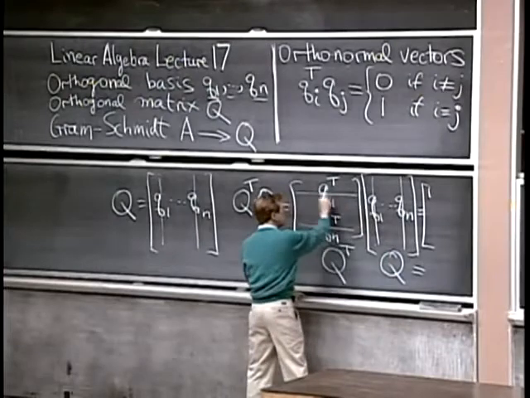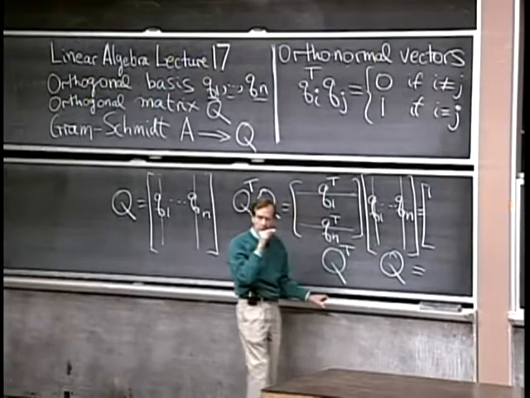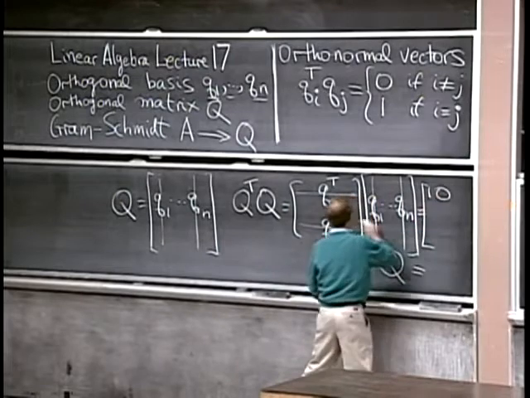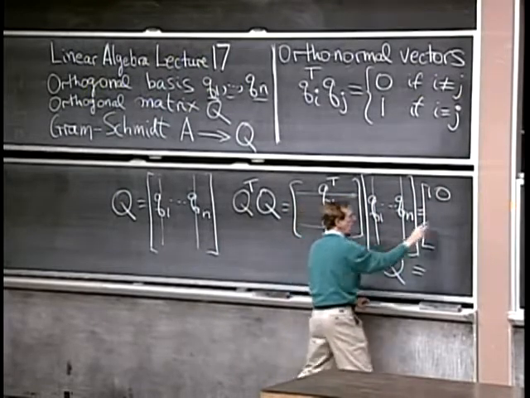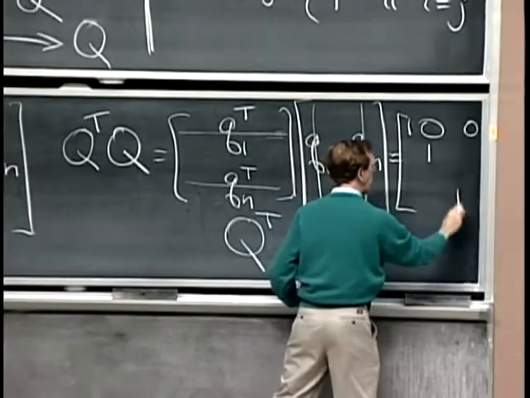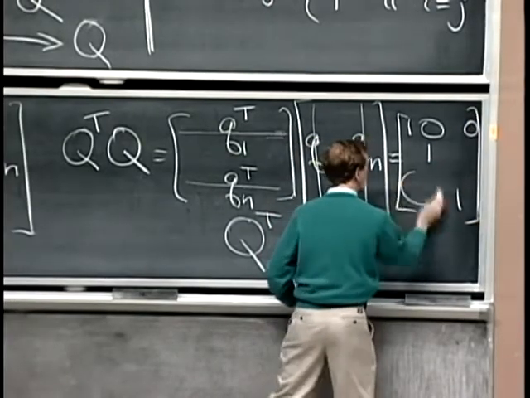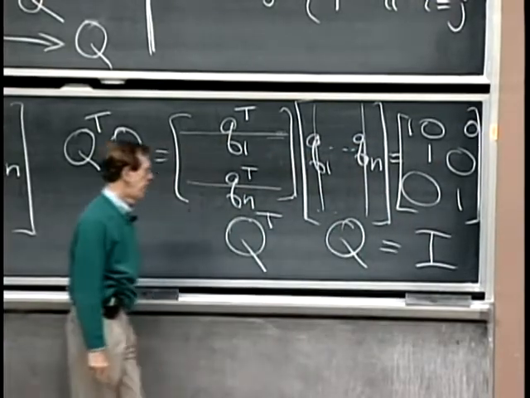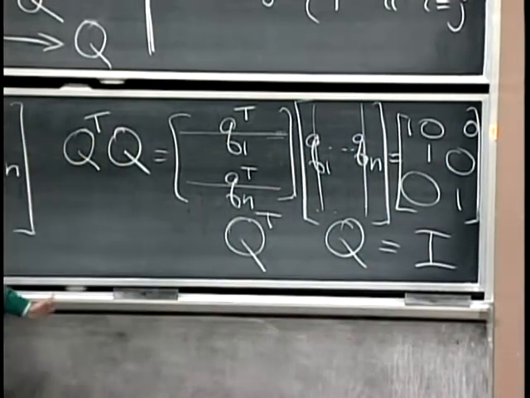If I take the first row times the second column, what do I get? 0. That's the orthogonality. The first row times the last column is 0. And so I'm getting 1s on the diagonal, and I'm getting 0s everywhere else. I'm getting the identity matrix. You see how it's just like the right calculation to do.